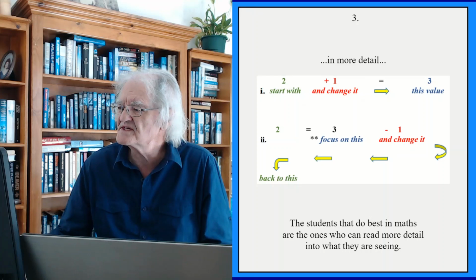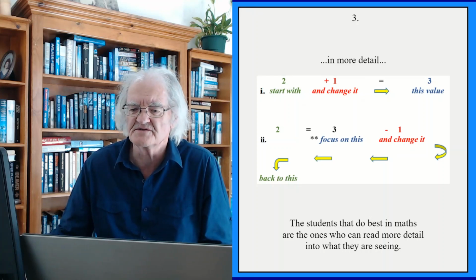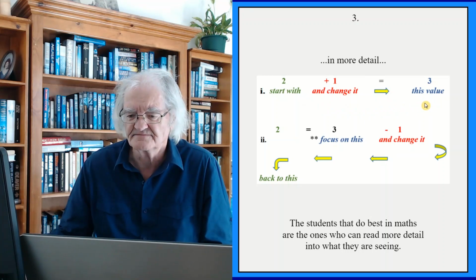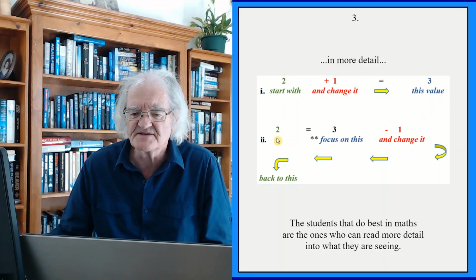So in more detail, here are those two equations again. The first, start with 2, change it by adding 1, and you will generate this new value, 3. In the second case, 3 is changed by subtracting 1, and that leads us back to 2.